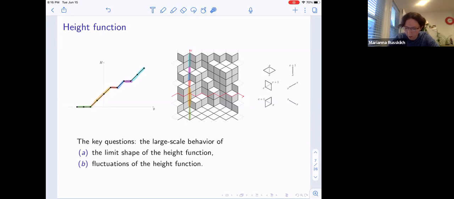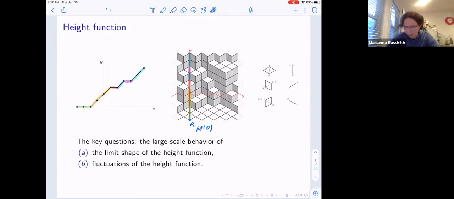We just write in each vertex the height of the corresponding stack of boxes. Or another way to define it: given a Lozenge tiling, we fix the height function to be 0 at some point, and then at all other vertices the height function is defined by these local relations.